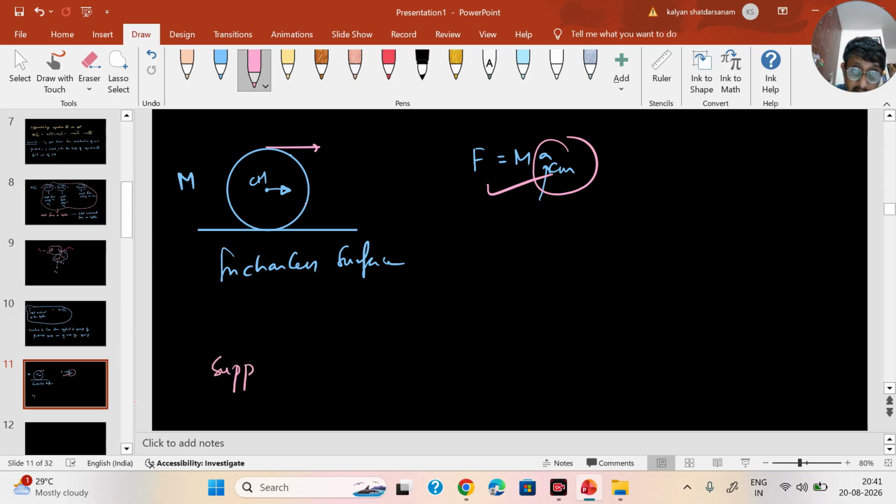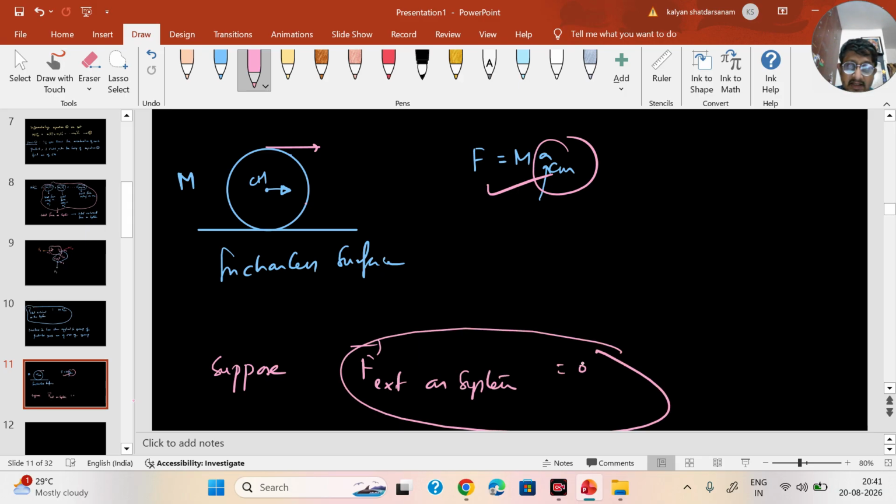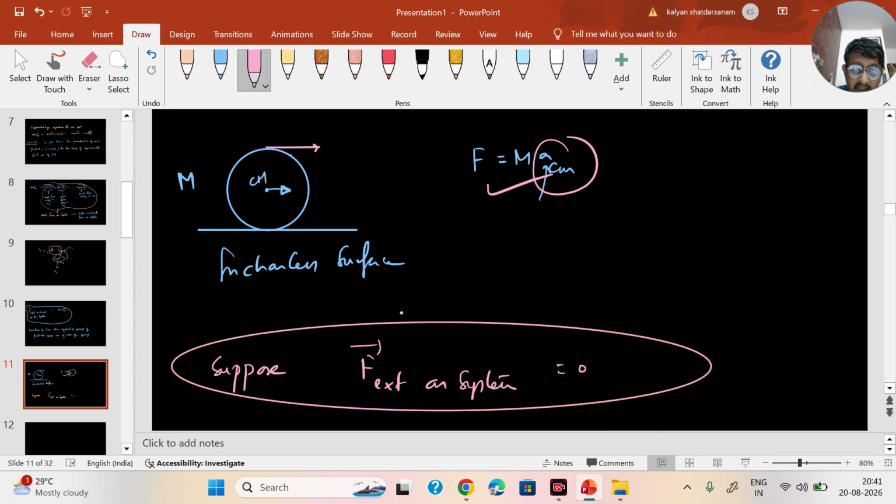Suppose the total external force on the system was zero. Internal forces anyway came as action reaction pairs and they added to zero. But now I am putting a condition that even the external force on the system, on the group of particles, is zero. Then acceleration of center of mass will be zero, or velocity of center of mass is constant, or total mass into velocity of center of mass is constant.